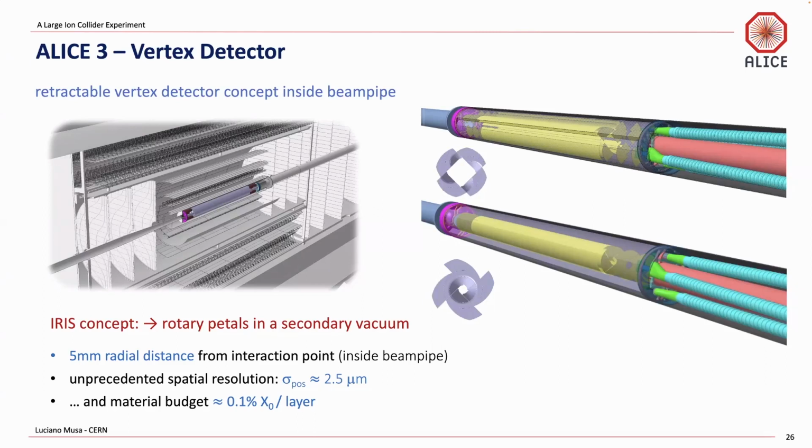And indeed, for this reason, this was one of the first aspects we've been looking at already for the ITS3, but even more for this. And so in our simulations, we have included the background coming from the QED electrons.